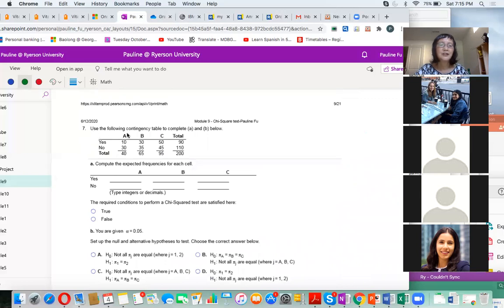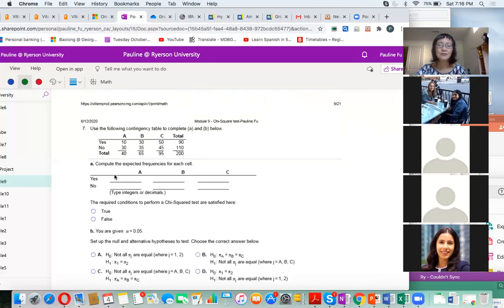This is what we also call a contingency table. You have multiple rows, multiple columns. In this situation, you have three proportions. The basic questions for any test: Question 1, what is the test statistic?